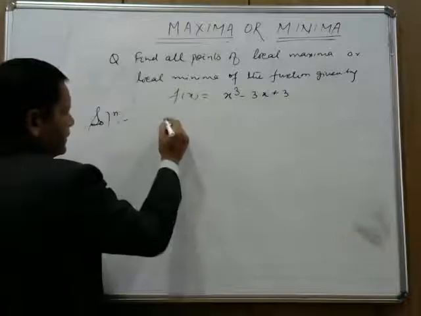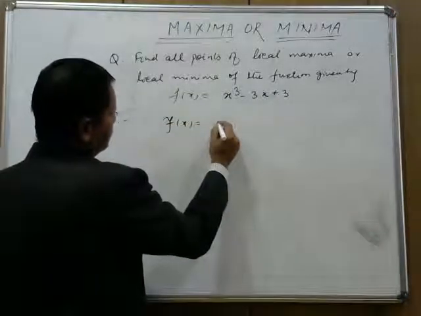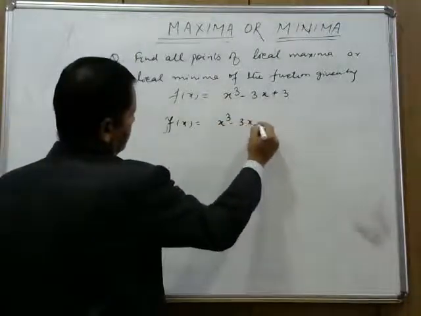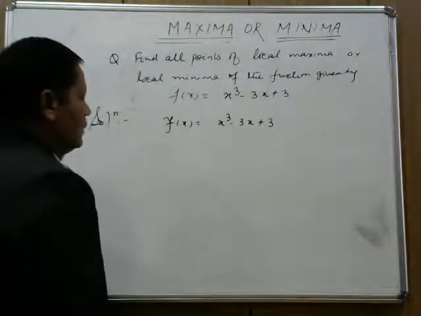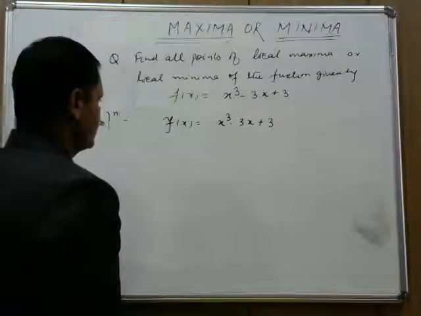Here it is given that f of x is equal to x cube minus 3x plus 3. First of all, we differentiate it.